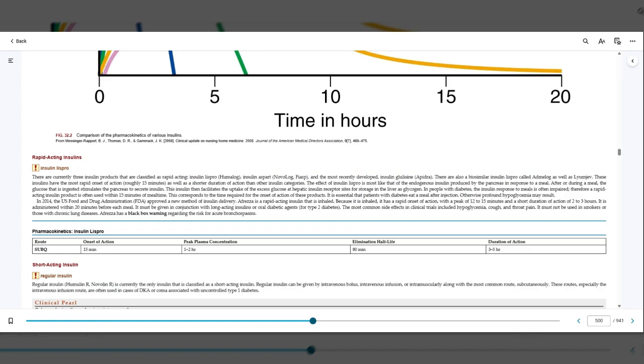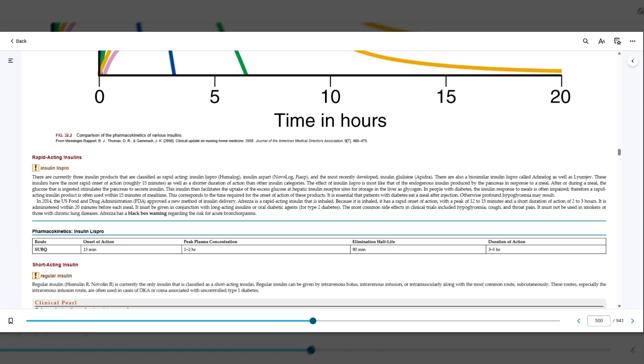For my rapid acting insulin, I want you to recognize the term Lispro. And my Lispro is going to work within 15 minutes of giving. So we want to make sure those individuals have a meal available so that we don't throw them into hypoglycemia.